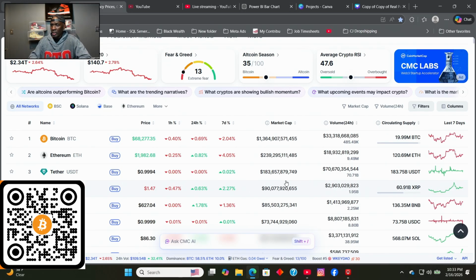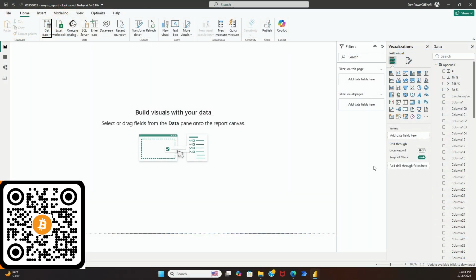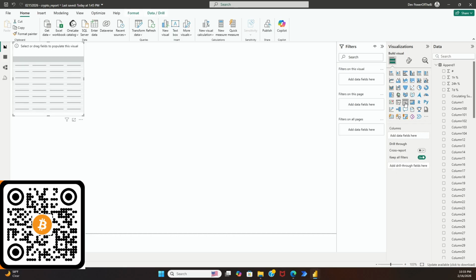So we're going to come back over to the Power BI report and create a table. In the visualizations pane right here, which is what it's called in Power BI, I'm going to come down to the table visual.